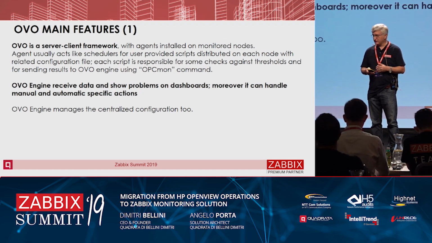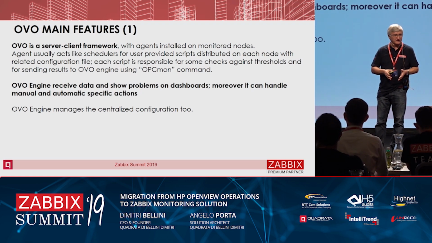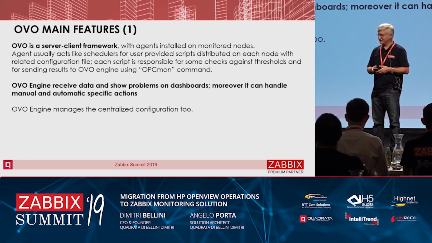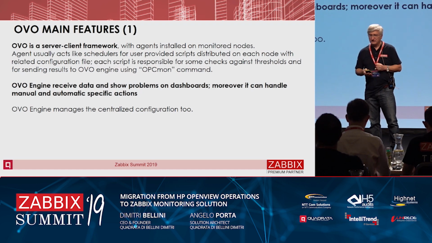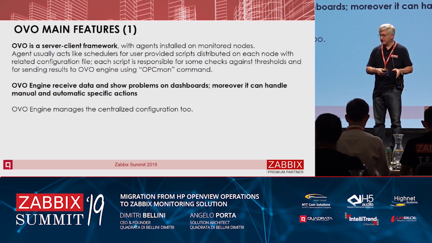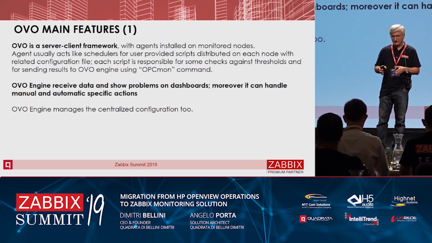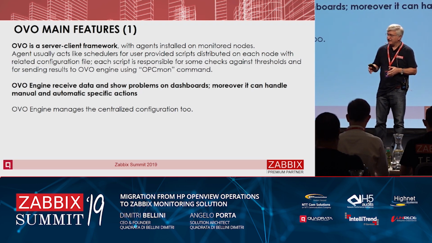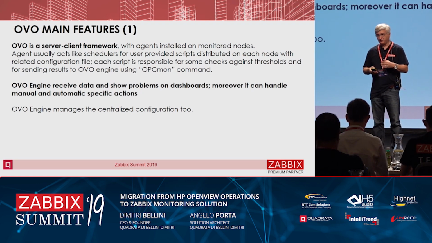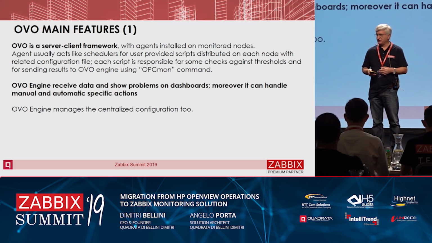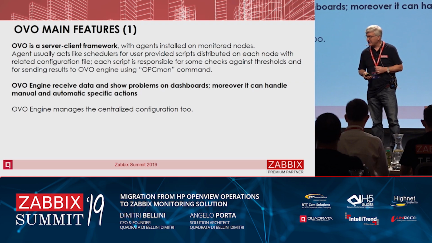For instance, if you need to monitor the CPU utilization, you need to develop a script on your server in order to check the CPU utilization. Then you need to send the data to the engine, which receives this information that normally is not data but only an alert, and manages this alert. So you can make some operation, automatic action, manual action, you have some help, and so on.